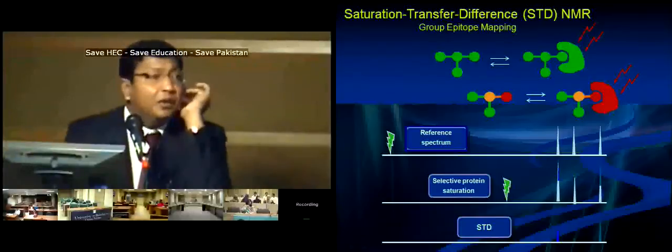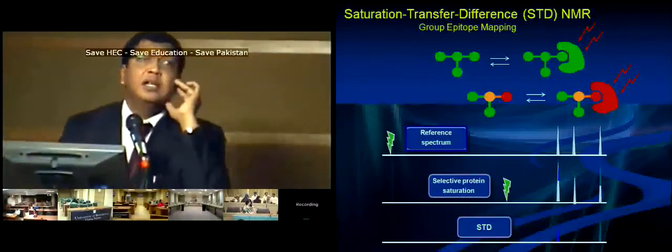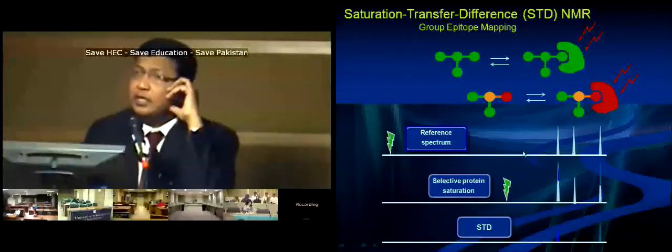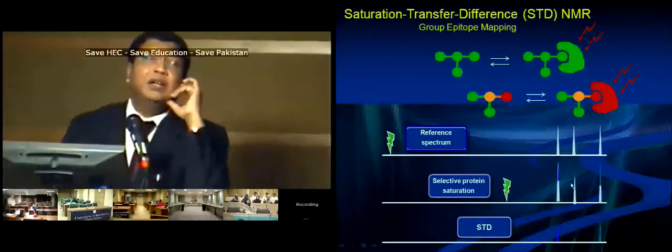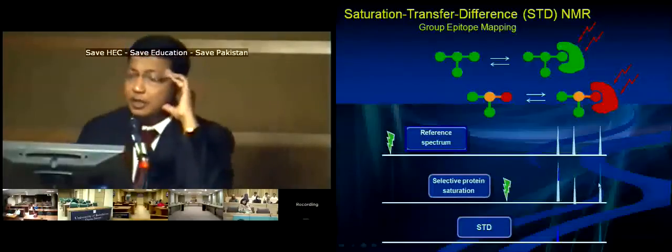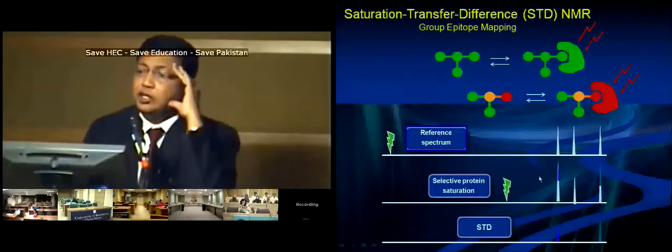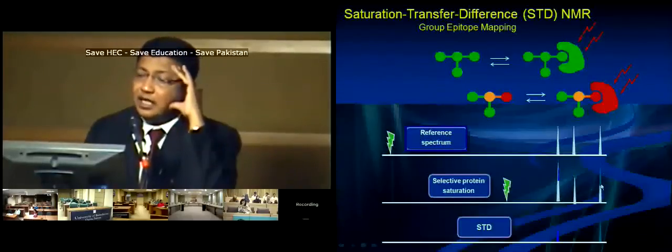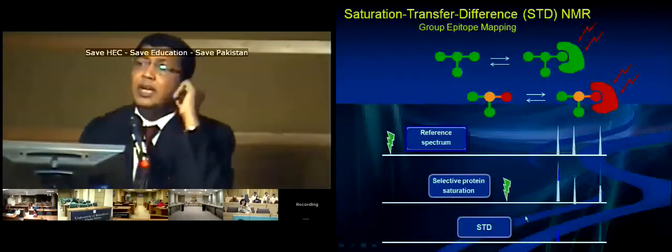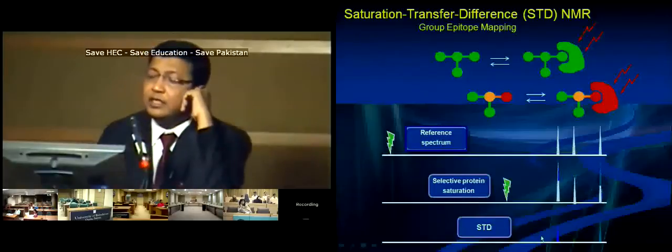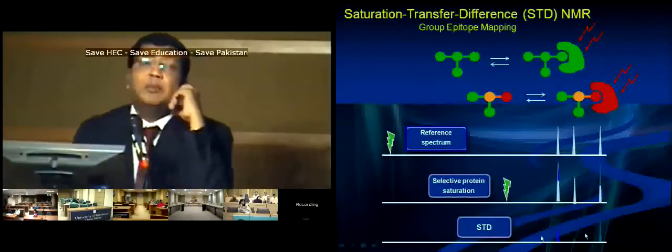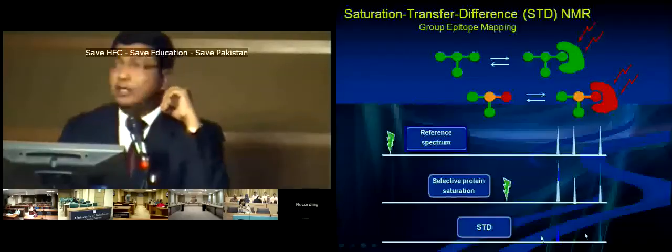It can be negative also. Please remember that it can be positive and it can be negative depending on the viscosity of the whole solution. Assume that it is positive. When it is positive, you see the intensity increase in signals. And when you subtract this spectrum from this spectrum, you get an STD, saturation transfer difference. And this difference is a quantitative measurement of binding affinity.